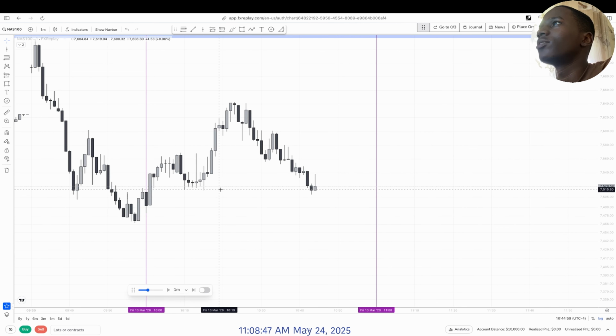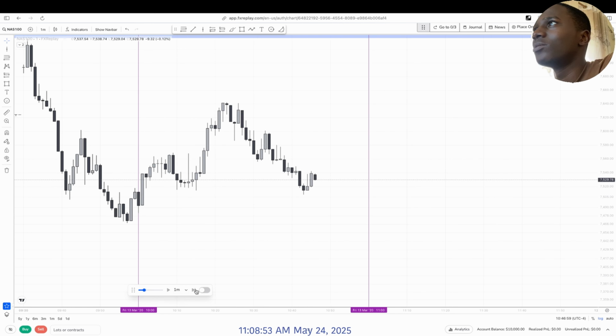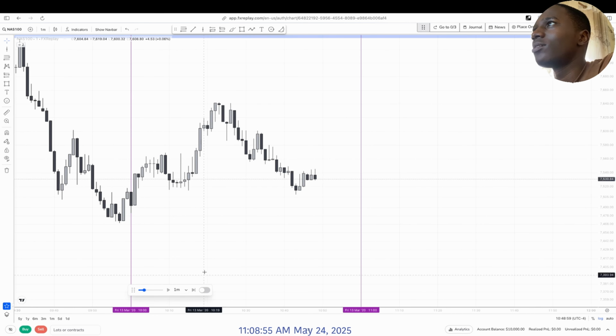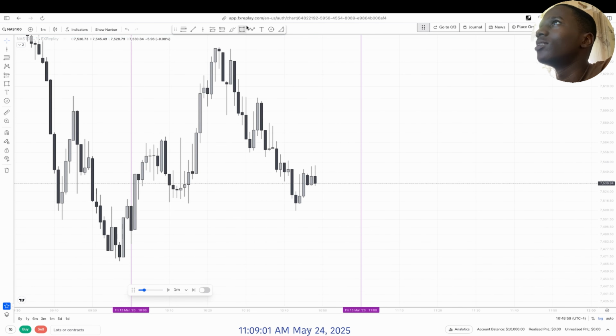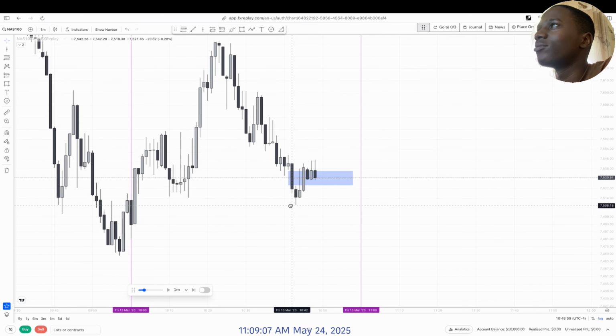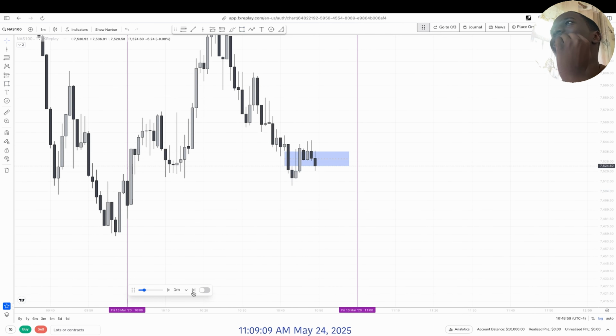So here we shift in structure. Let's see how the next candle behaves. Then you can dictate what to do on this fair value gap. So these candles closed a bit above this fair value gap. You can see this right here. We had this fair value gap, then the candles are closing above, which means I don't think this one was respected to the max, which means it wouldn't be a high probability one.